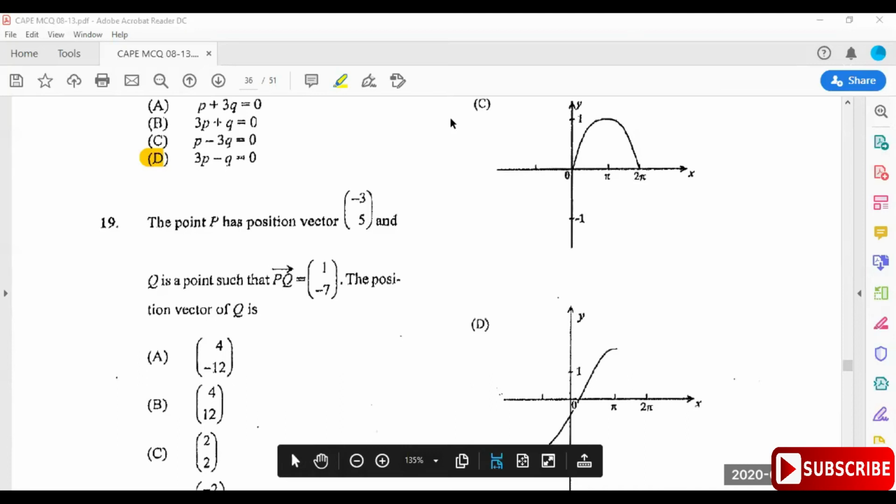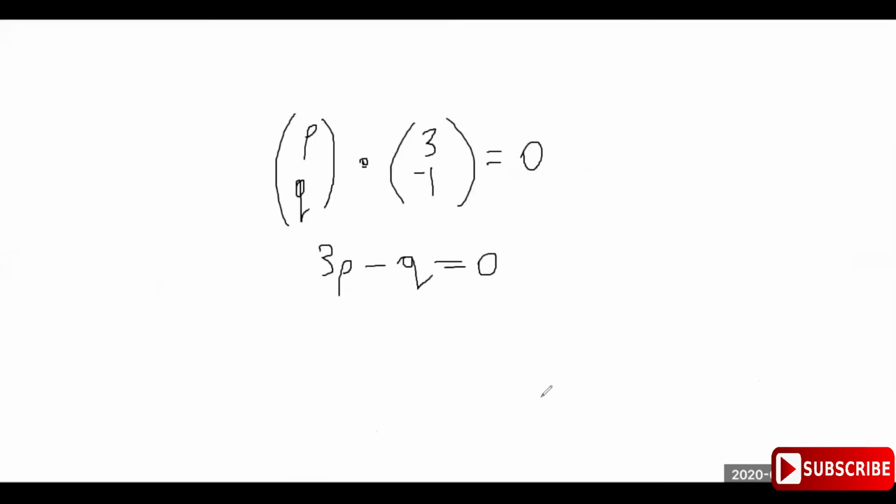PQ is the position vector of the last minus the position vector of the first. So you can always write the vector PQ as OQ minus OP. That's PQ. And we want to find vector PQ.